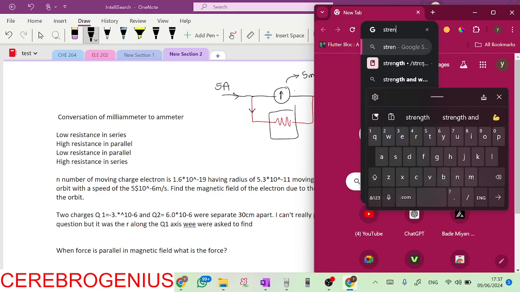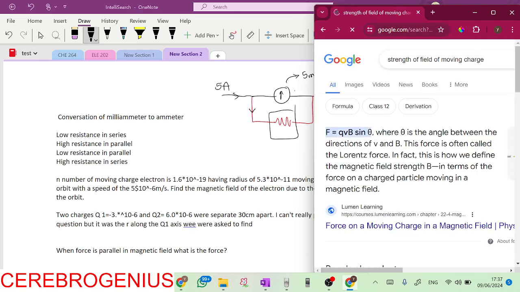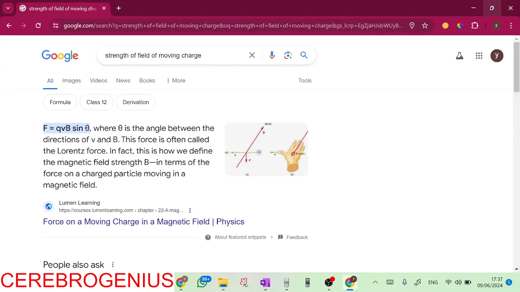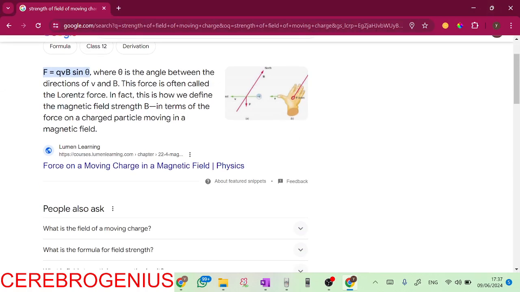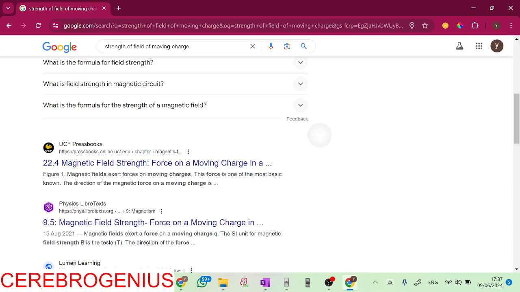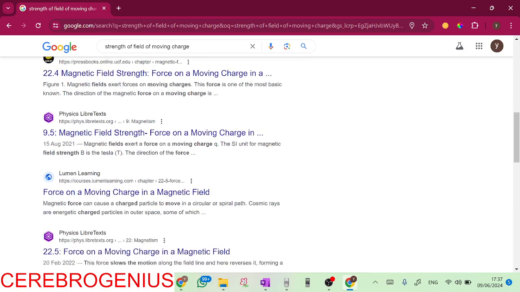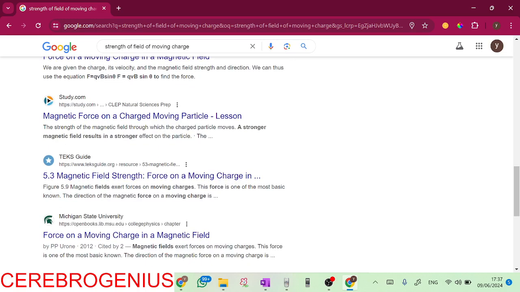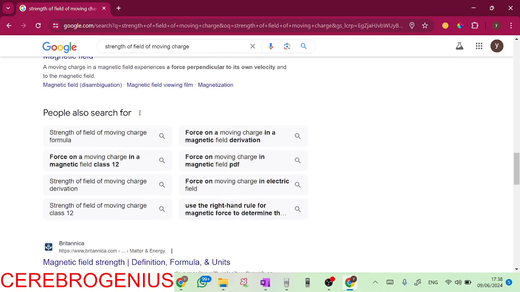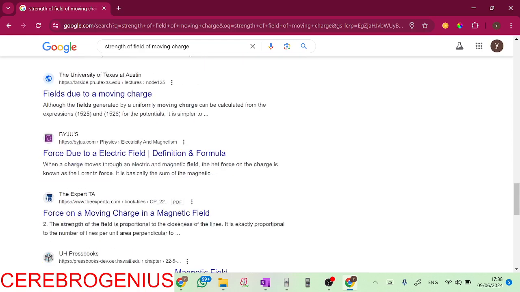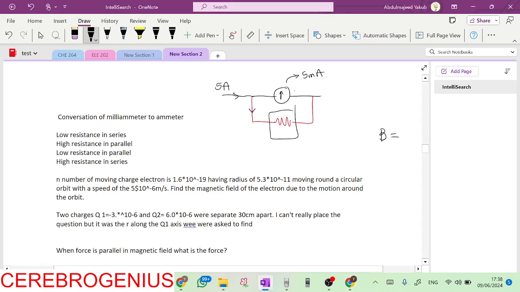Strength of field of a moving charge. Or am I missing something?